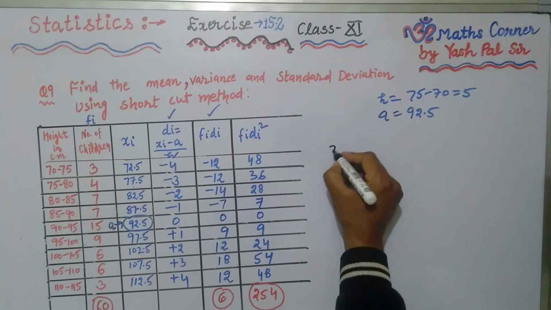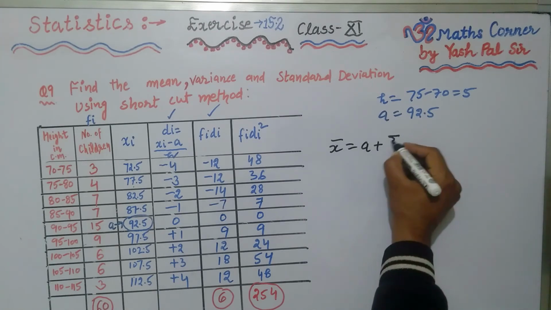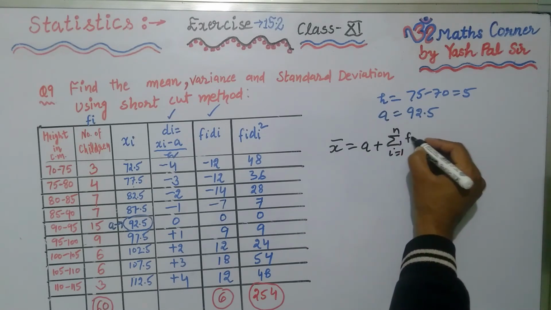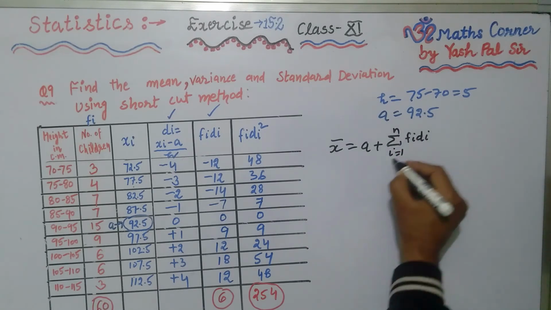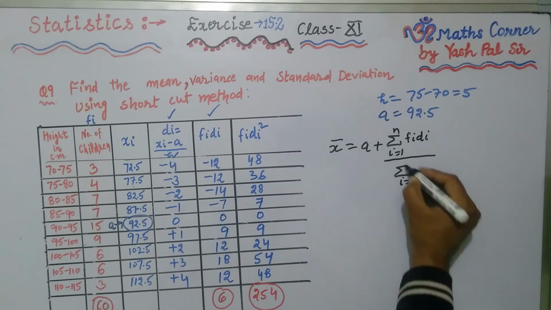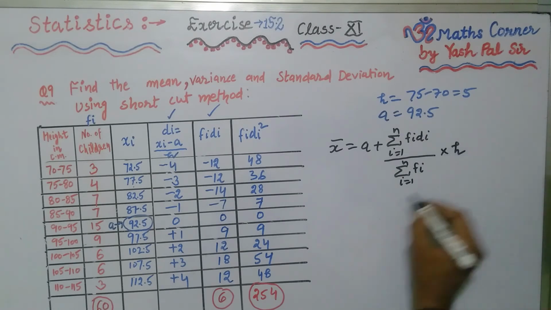The formula is X bar equals a plus summation of fi di divided by summation of fi, into h.